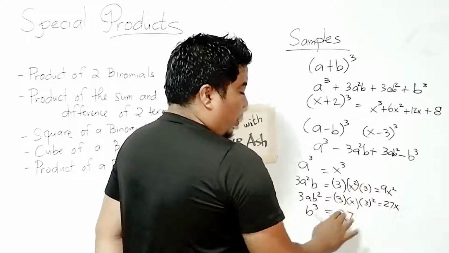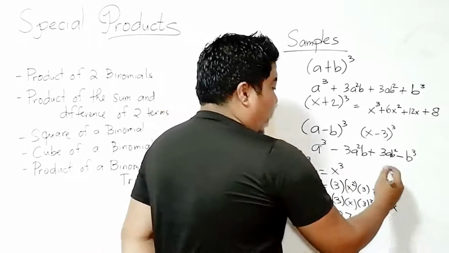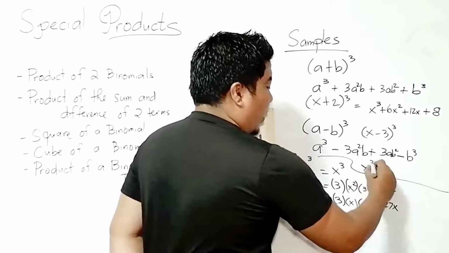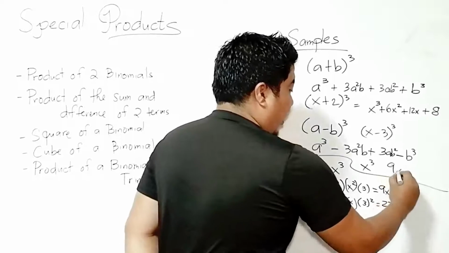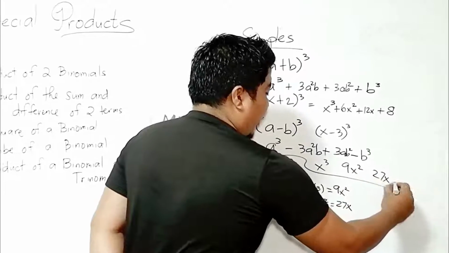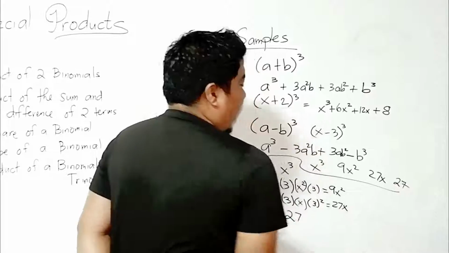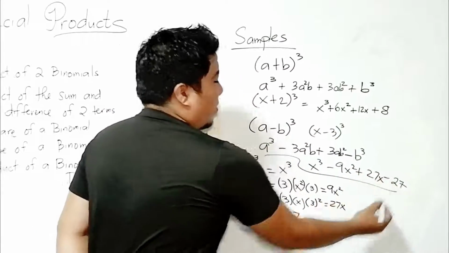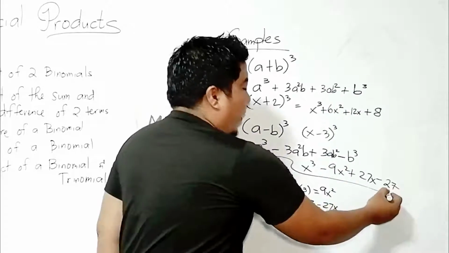So, you have now the 4 terms. You write this horizontally. That will give you x cubed, 9x squared, 27x, and 27. And then the signs will be alternating. So, minus, plus, minus. And that will be your final answer.